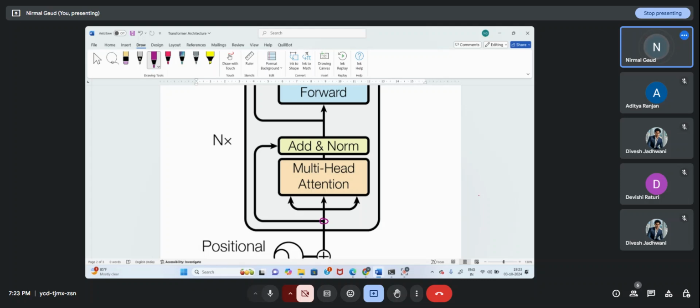This is called as residual path. I have seen residual in computer vision pre-trained model. The name is residual net, ResNet. If you have heard this name, ResNet. The task of residual is to preserve from exploding gradient descent or vanishing gradient descent.